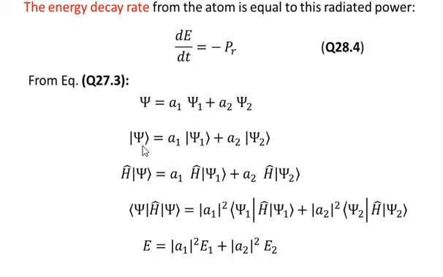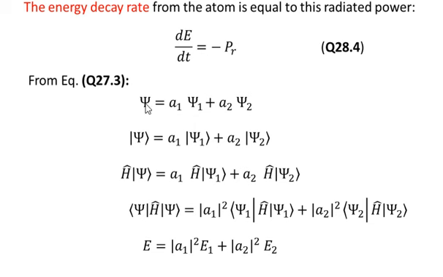So now I am writing it in the ket notation. So psi is equal to A1 psi 1 plus A2 psi 2. The second expression is in the ket notation. So I am operating with the H operator. The Hamiltonian operator has been operated in the third expression, and then we have multiplied from the left by the bra vector.